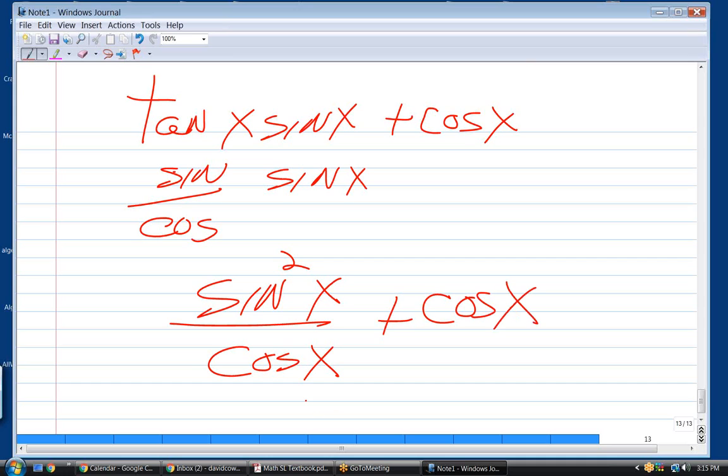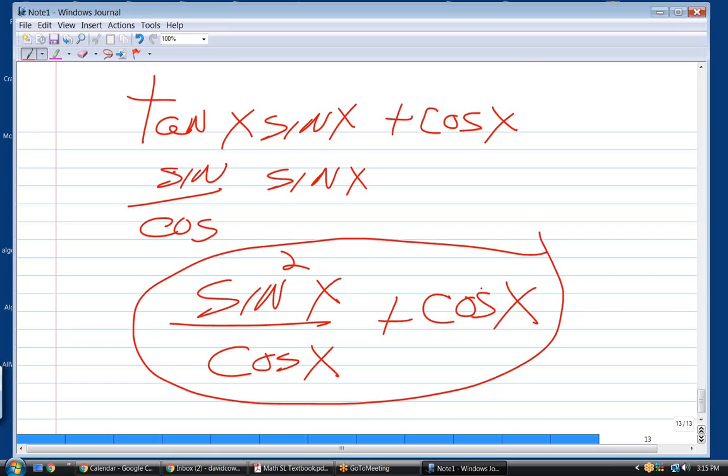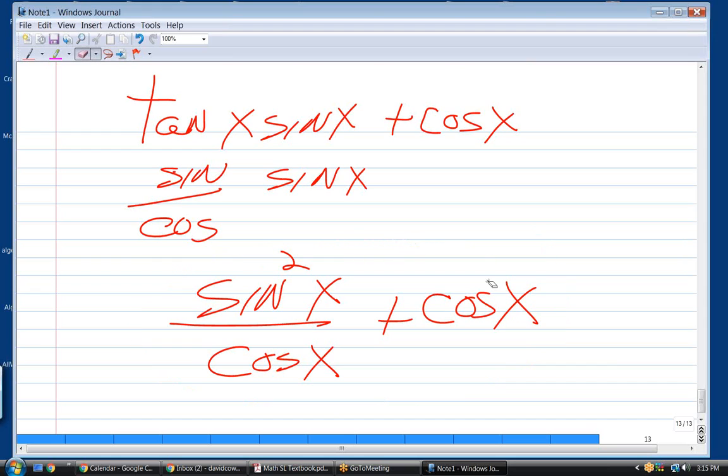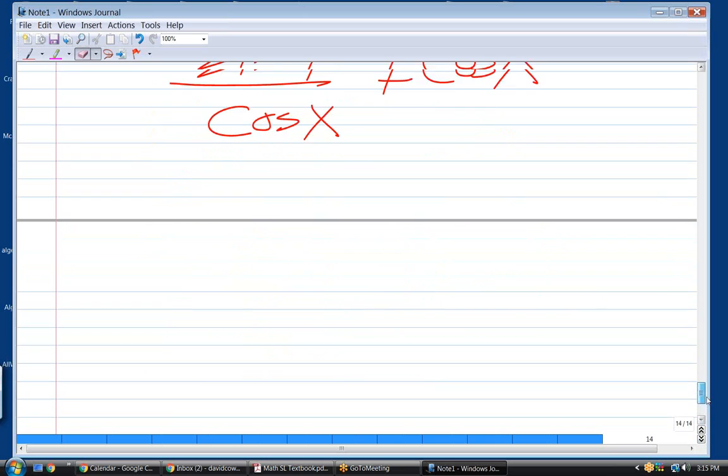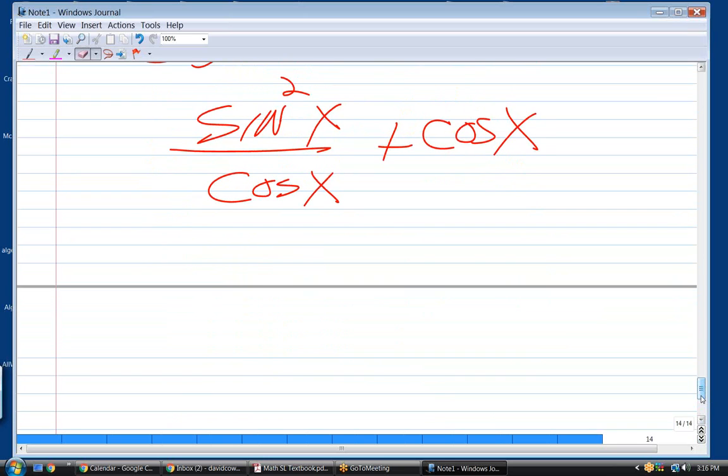And then common denominator. What's the next step once you get there? That doesn't have to be the final simplification, but you have to be a little perceptive here. Could I cross out the cosines? No, cannot factor out the cosines. But I can add these two things. You had the right idea when you said put it over a 1 and then find a common denominator.